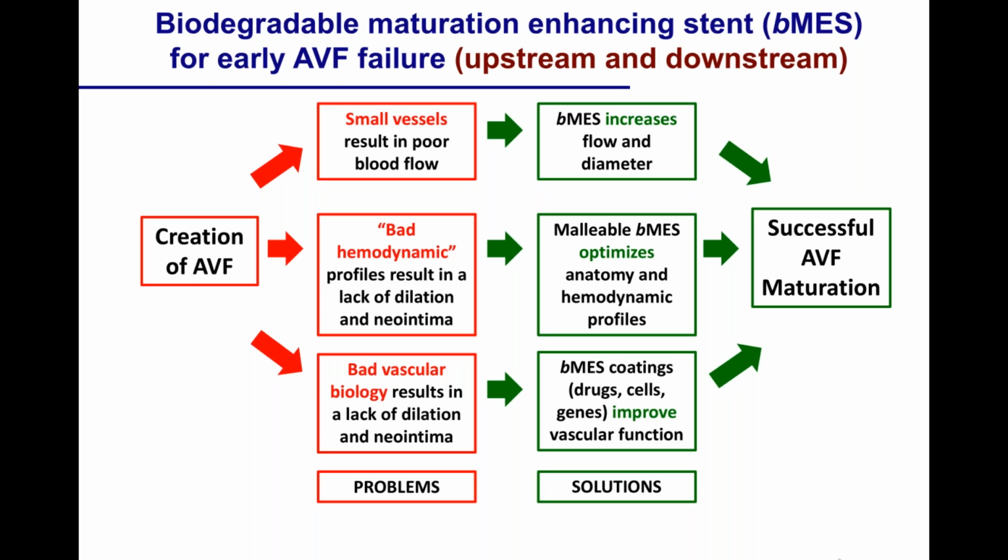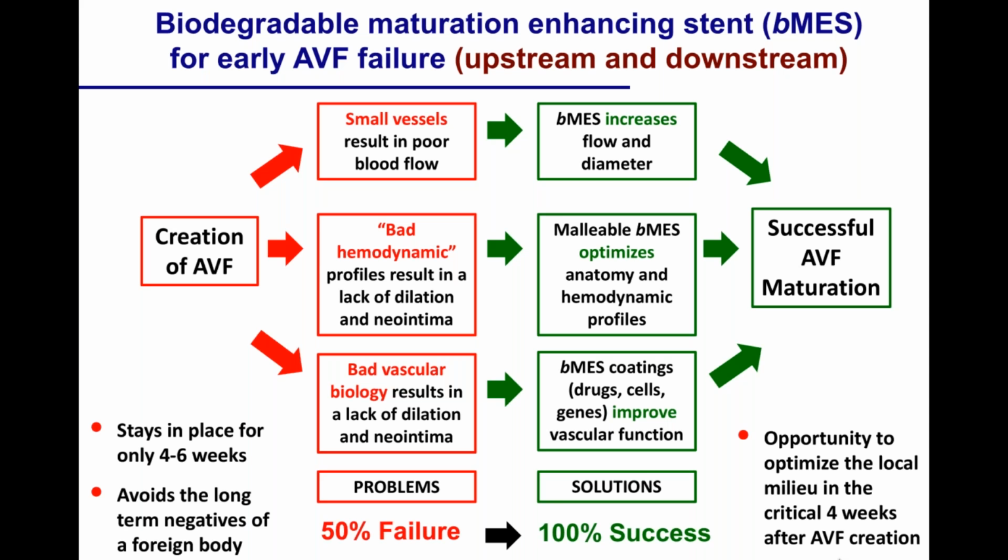The most important part of this biodegradable stent, or the most important aspect we felt, was that the stent would give us the opportunity to optimize the local biological and hemodynamic milieu in the critical 4 weeks after fistula creation, where the rubber really hits the road.